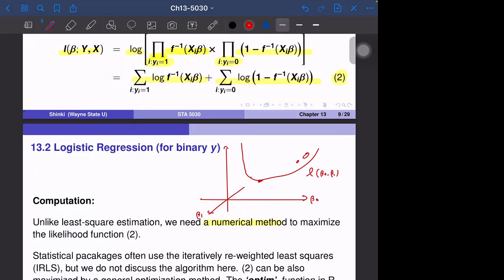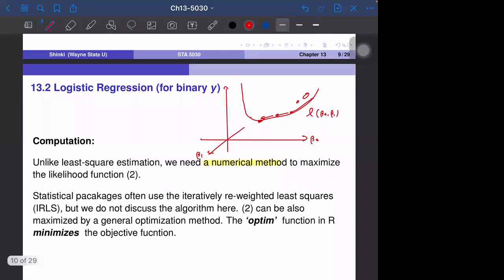So we can approach the true solution monotonically, with a monotone sequence of increasing likelihood values. So usually we don't have a problem finding the maximum.